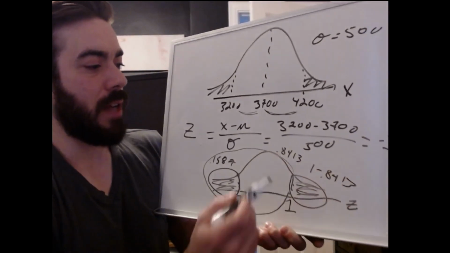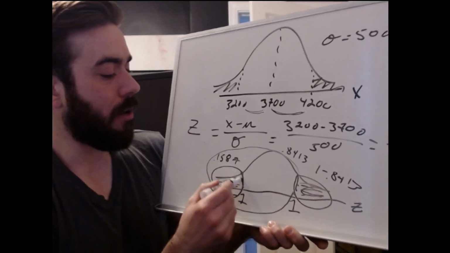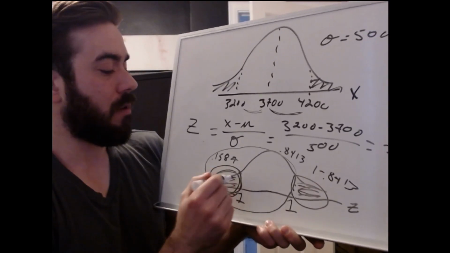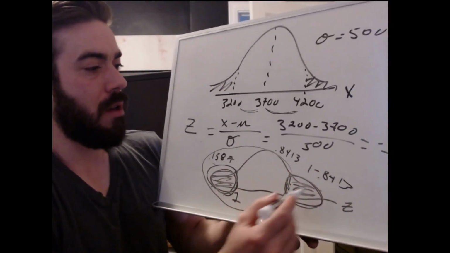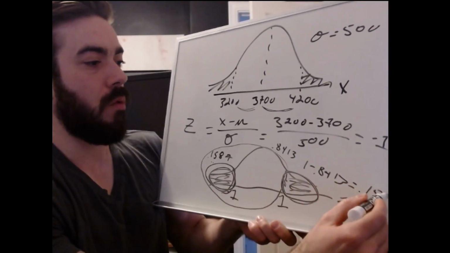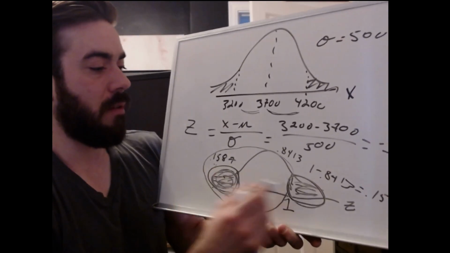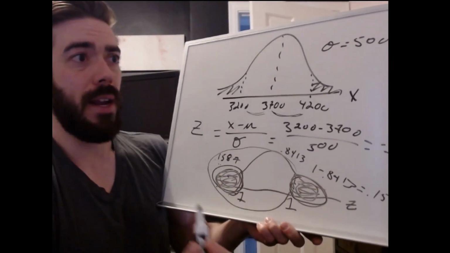But also notice, I don't even have to look this up. Remember, this is a symmetric distribution, so if the area to the left of -1 is 0.1587, the area to the right of +1 would be that same 0.1587. So if I find this tail, I automatically have this one. So I could add them up or multiply this by 2, and I'd get my final answer.